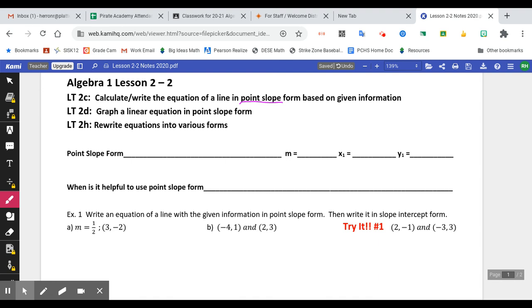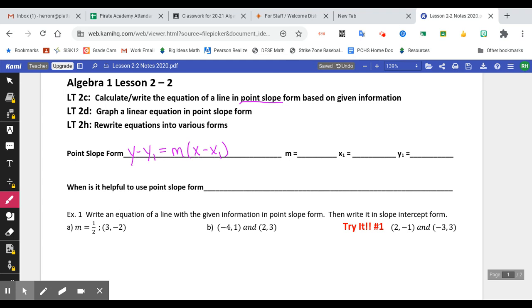So we're going to graph them, we're going to rewrite them into various forms, but we're using point-slope form for the information that we're given. Starting off, point-slope form looks like this: y minus y1 equals m times x minus x1.